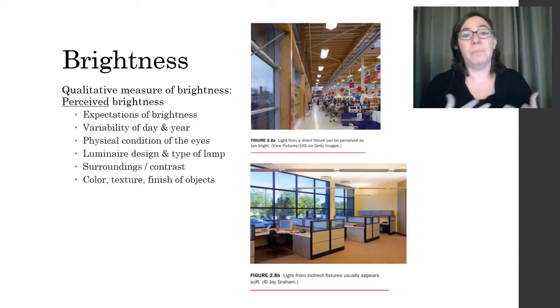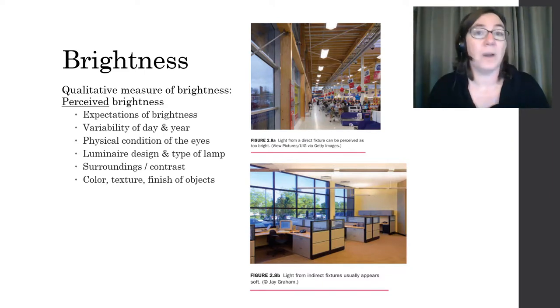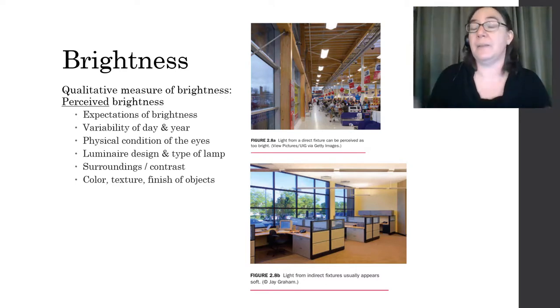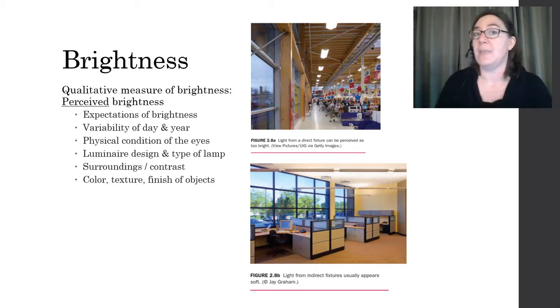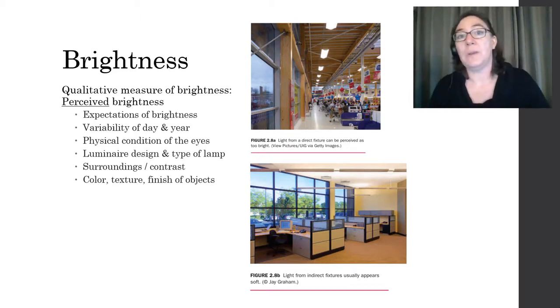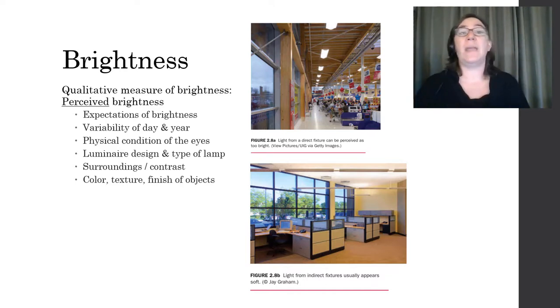And perceived brightness can vary with expectation. Is your user expecting it to be that bright, or is it a surprise? It can vary with the day and the year, especially when you're using daylight, which can be very, very bright. The perceived brightness of a space can vary with the physical condition of the eyes and your user's age. It can also vary with the luminaire design, all right?